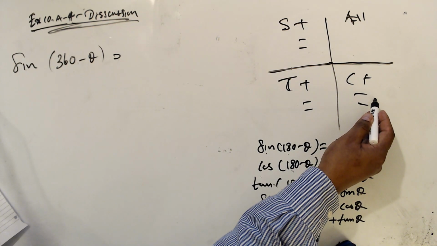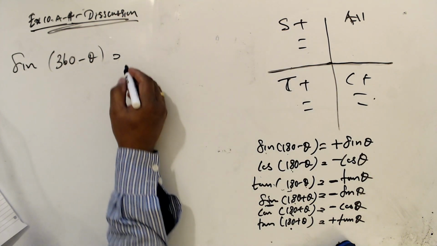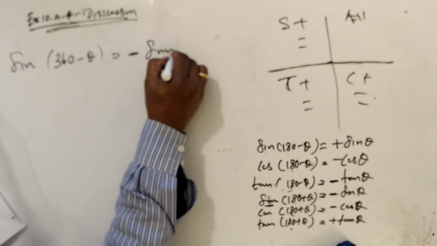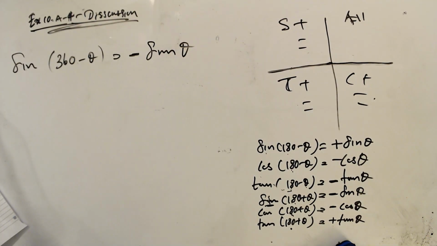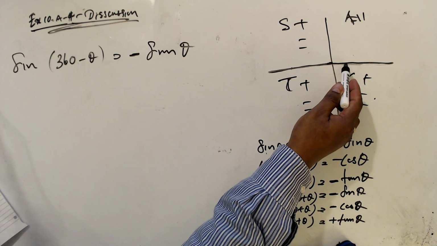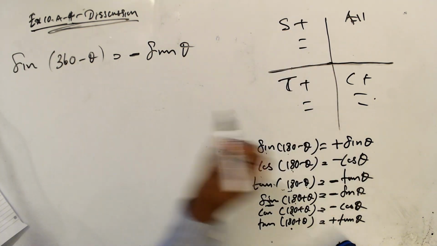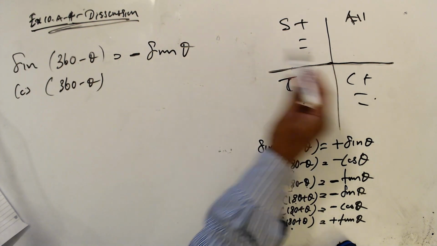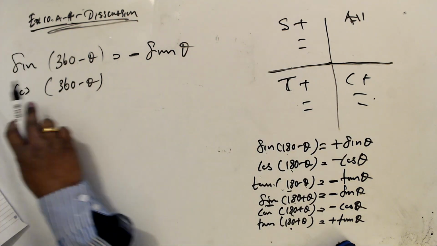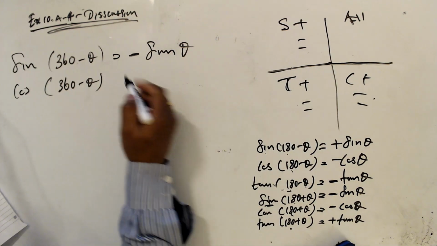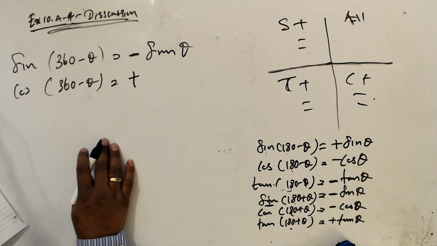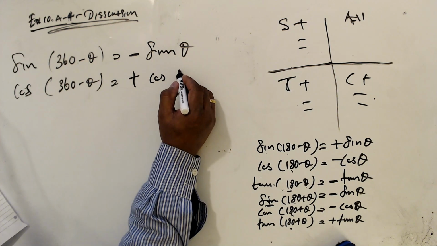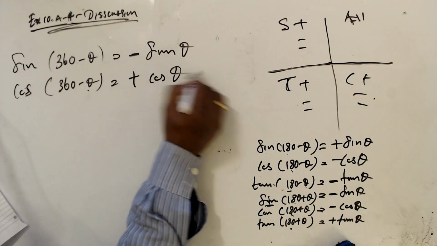It is in the fourth quadrant. In the fourth quadrant, sine is negative. Simply write negative sine theta, right? And cos 360 minus 30 is in the fourth quadrant. In the fourth quadrant, cos is positive. Then we write positive. Then we write the same ratio, right? And we write then theta, the acute angle.